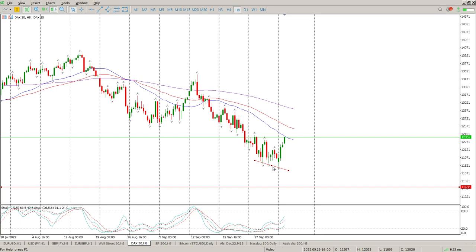Also, the other thing you need to bear in mind is if you have structure like we have here, that is a flag. A flag target has been hit by now, but that is also a solid indication that the divergence is about to play out. So that's the one thing.